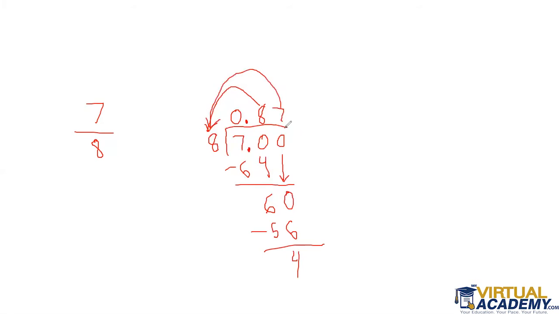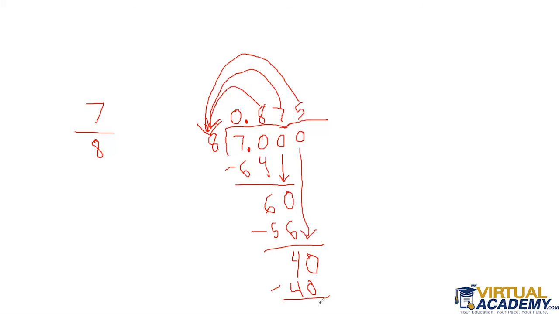The remainder is still not 0, so we have to keep going here. We have to create another 0 and bring it down. It's now 40, okay? 8 goes into 40 5 times because 5 times 8 is 40, okay?